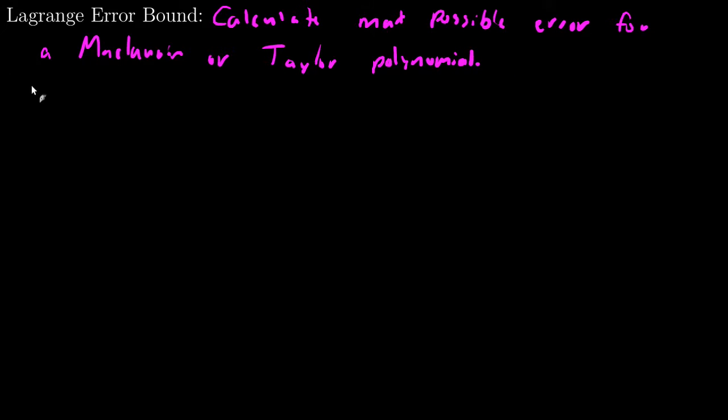So in here, very similar. It's a lot like the remainder theorem, which I put up in the last video, but here is the Lagrange error bound for the Maclaurin polynomial.